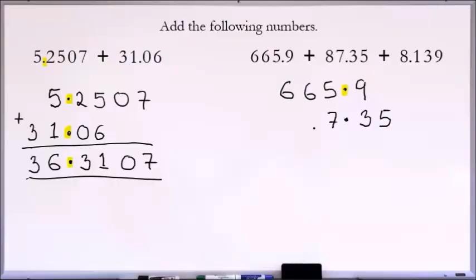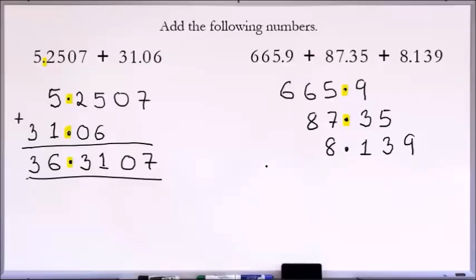Decimal point has been highlighted. We go for the next one. We have 8.139. So the point first, and then we have a 139, and here we've got an 8.